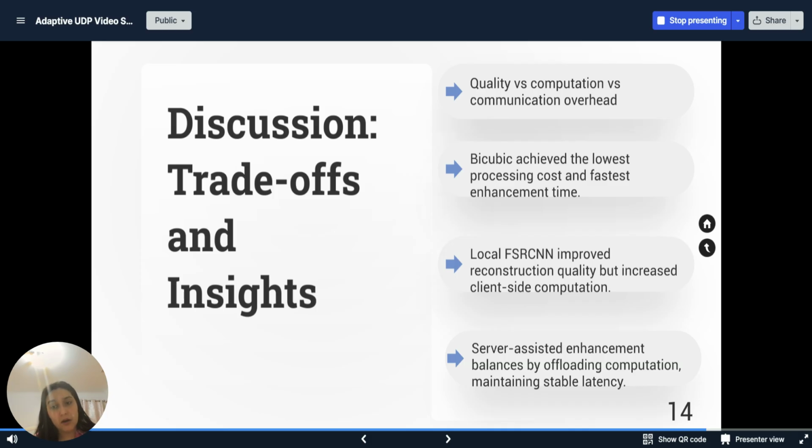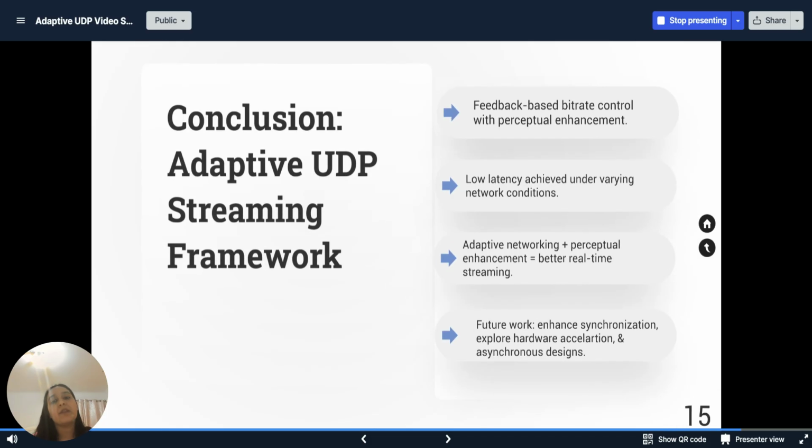The local FSR-CNN improved the quality, but also increased the computation by far. And the server-assisted enhancement balanced between both of them, offloaded the actual work from the client side to another machine or server, and maintained a stable latency in between.